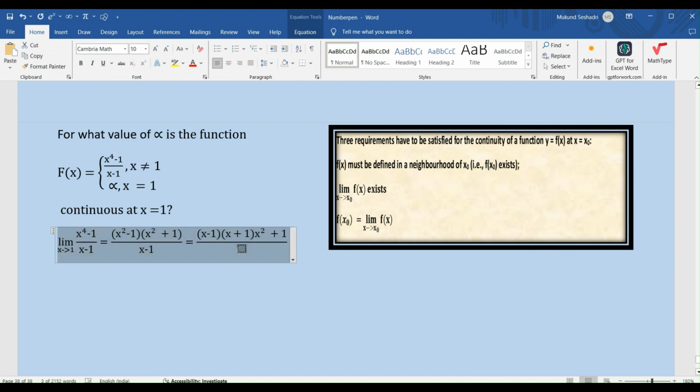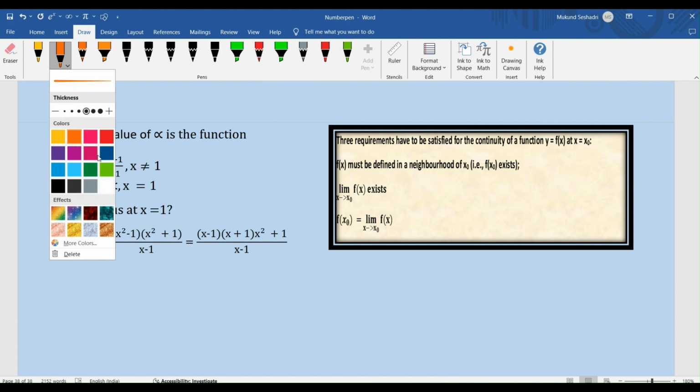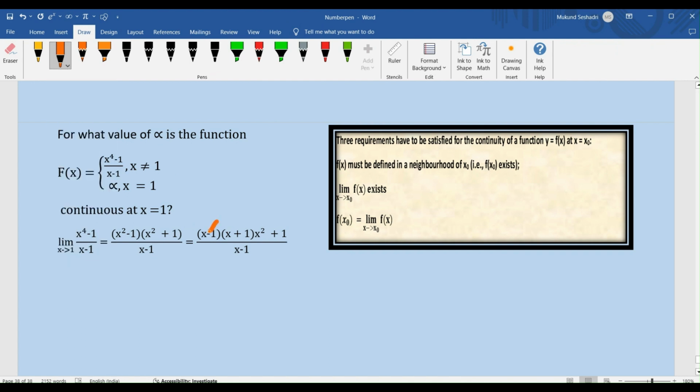Yeah, and I have x minus 1 here, right? So I can cancel out my x minus 1. So let me pull out my pen and I do this cancellation, and I'm left with x plus 1 into x square plus 1, right?